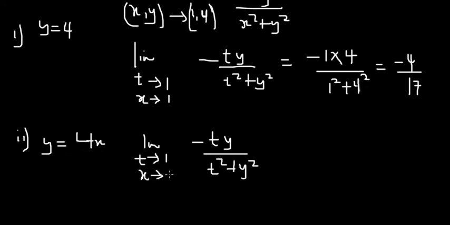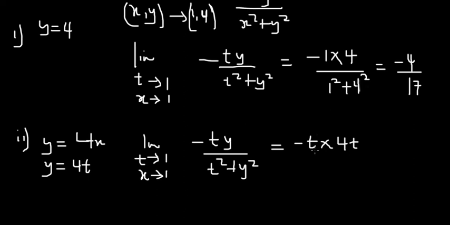since t is approaching 1, it means that x is also approaching 1, and once we see t, we just substitute that with x, or once we see x, we substitute that with t. So most definitely y is equal to 4t. So from here you could notice that we have minus t multiplying y, which is 4t.